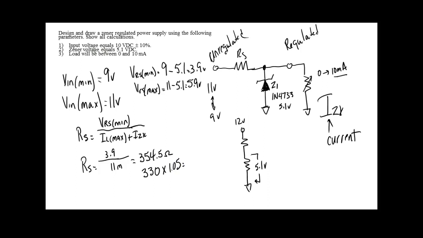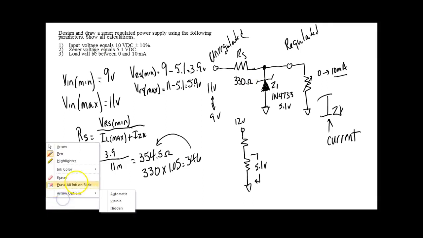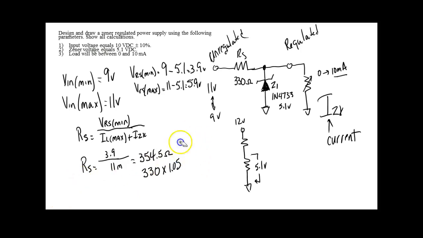What does that give me? 346. And what we're doing is looking for it to be lower than that. If it's lower than that, it's fine. If it's higher than that, then we'll go one more down, right? Everybody understand that? So RS is going to be 330 ohms. And then we're through with this. Since I don't have much room up here, I'm going to erase it.